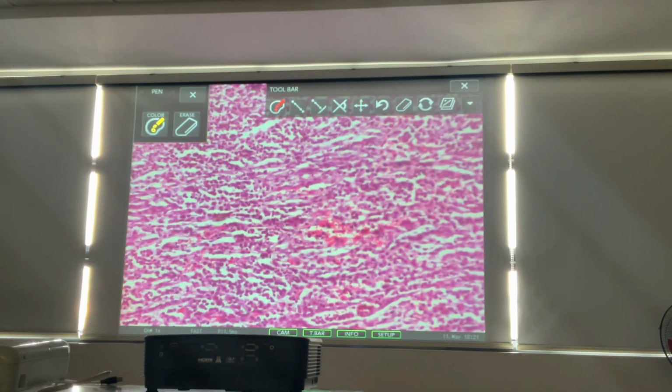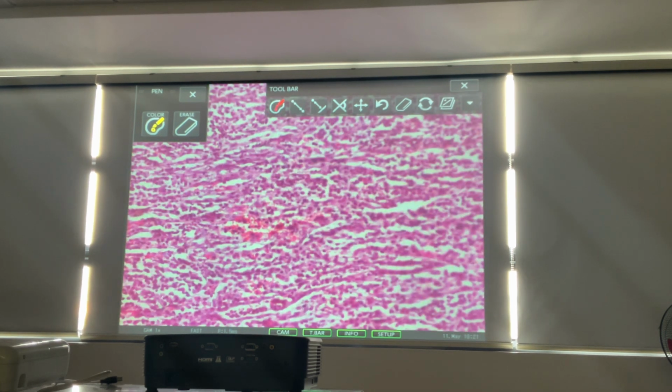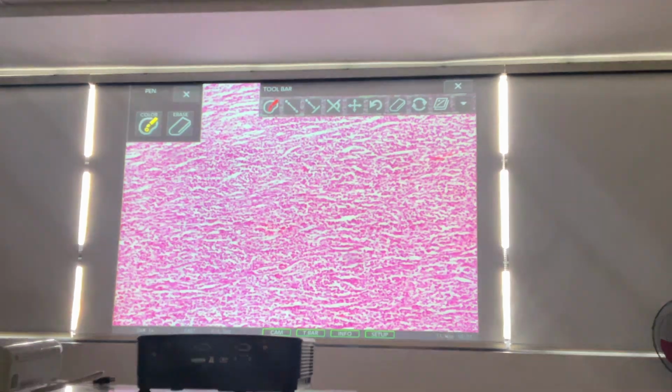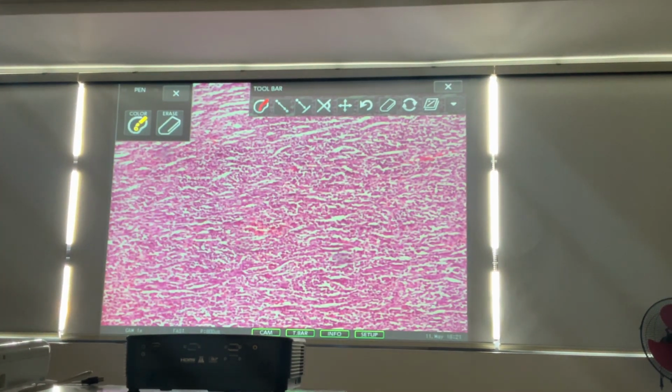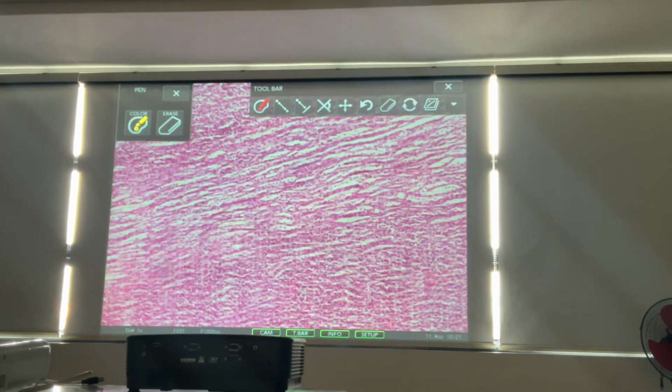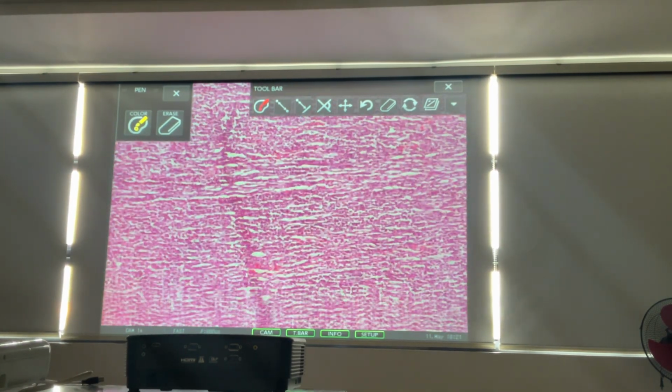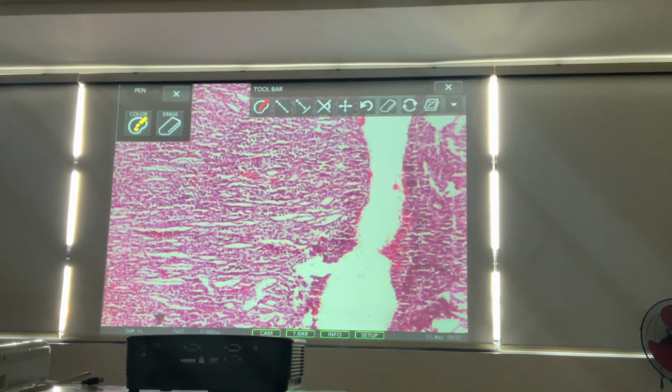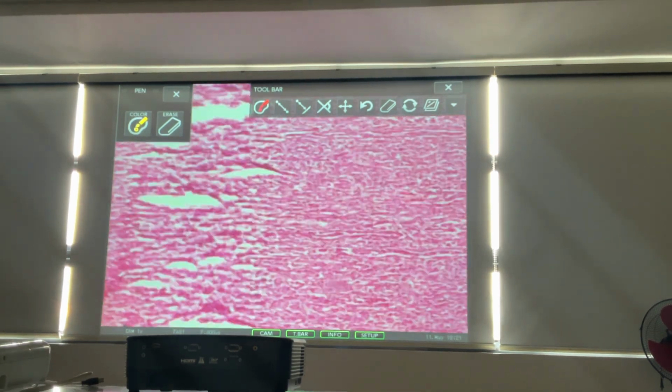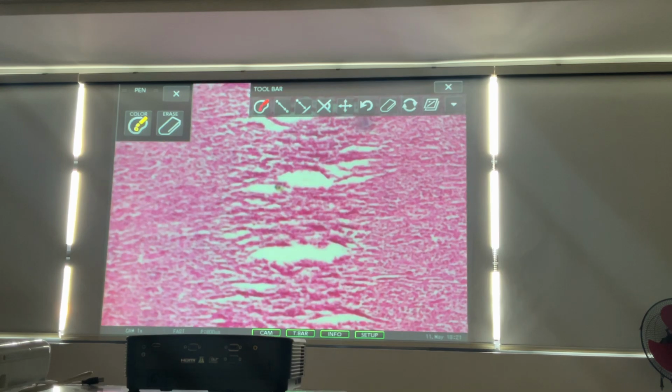Now, I mentioned earlier that in an acute condition, it only involves one or two compartments of the kidney. Like in this case, it only involves the renal tubules and the surrounding interstitium.